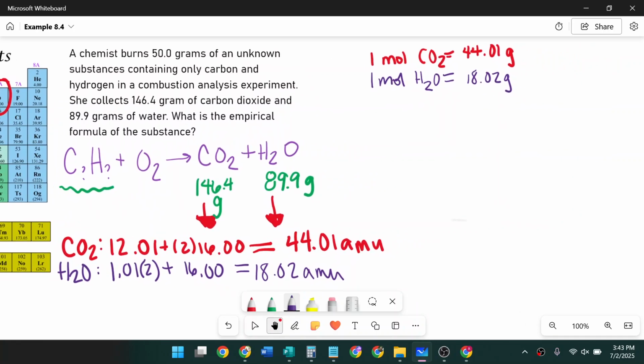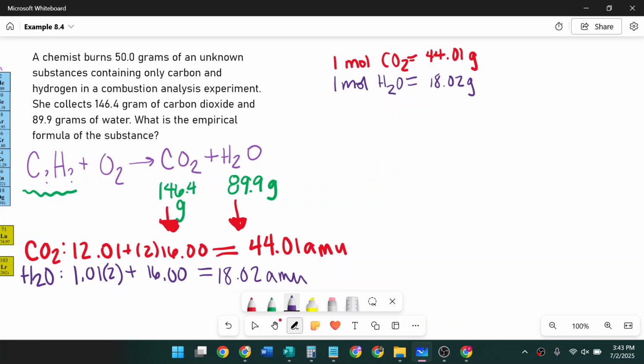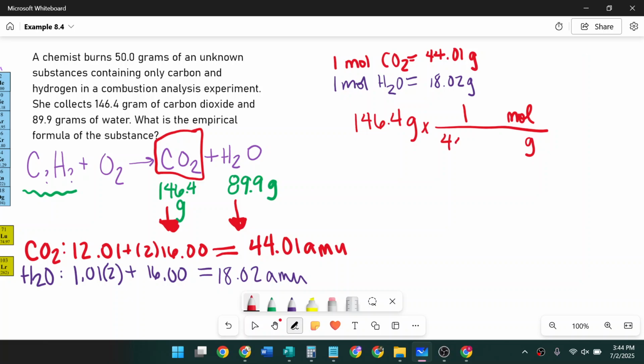Alright, so using those two, we can figure out how many moles we have of carbon dioxide and how many moles we have of water. So they told us that we had 146.4 grams of carbon dioxide. Again, I'm using my colors like I did in previous examples, so I don't have to keep writing all the stuff all over again. Alright, so 1 mole is 44.01 grams.